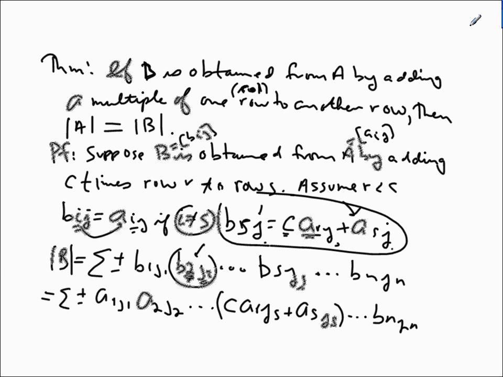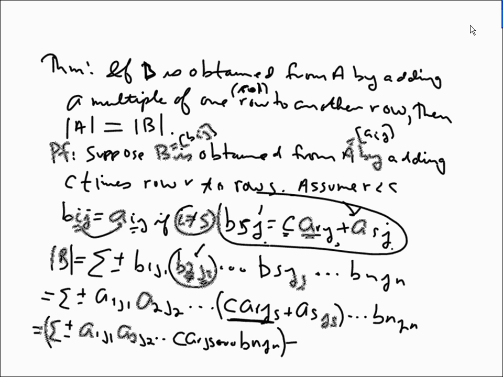Now, we have a sum. We can distribute. Let's distribute this. That is, we get the summation plus minus A1J1, A2J2 up to C, ARJS up to BNJN. I can use the same sigma, but I don't want to. Plus another sigma plus minus. Now I distribute this.